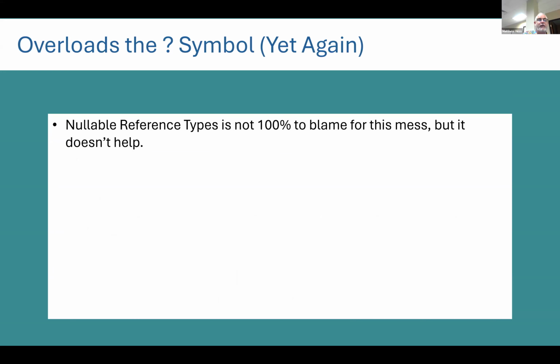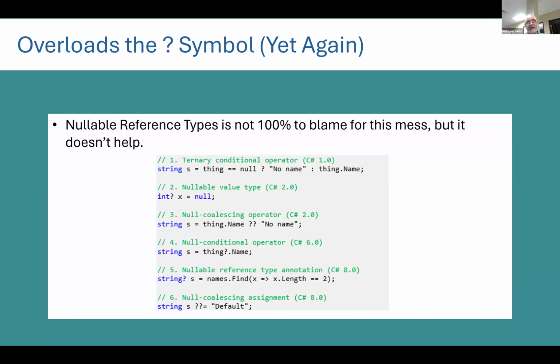And then it overloads the poor question mark symbol yet again. I know that nullable reference types is not 100% to blame for this mess, but it doesn't help it. So, we had the ternary operator in the original C#, the null value type in C#2 uses a question mark.